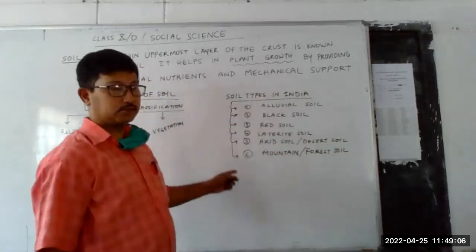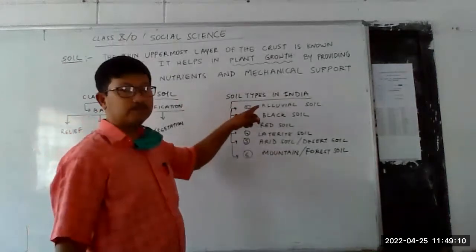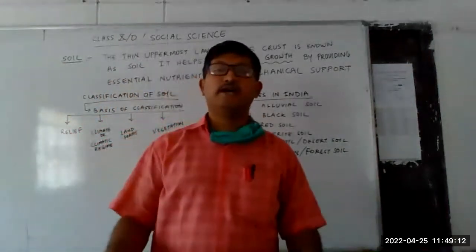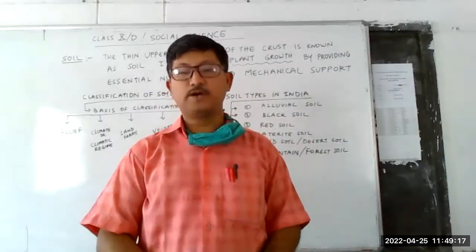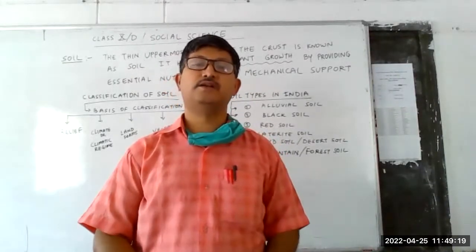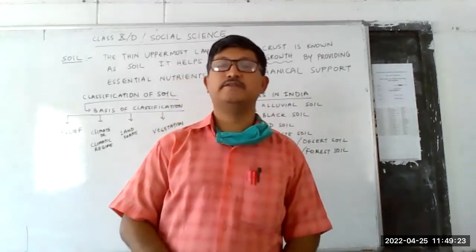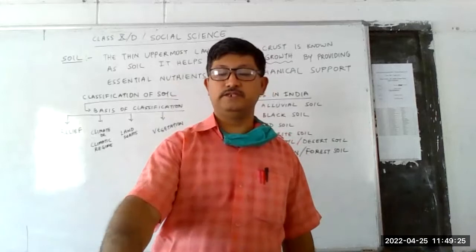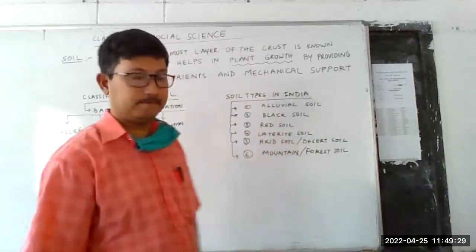Okay, so these are the soil types which are found in India, and each of the soil has its properties, and we will learn one by one the properties of alluvial soil, black soil, red soil, and we will draw a map of India and we will show which part of India has which type of soil.